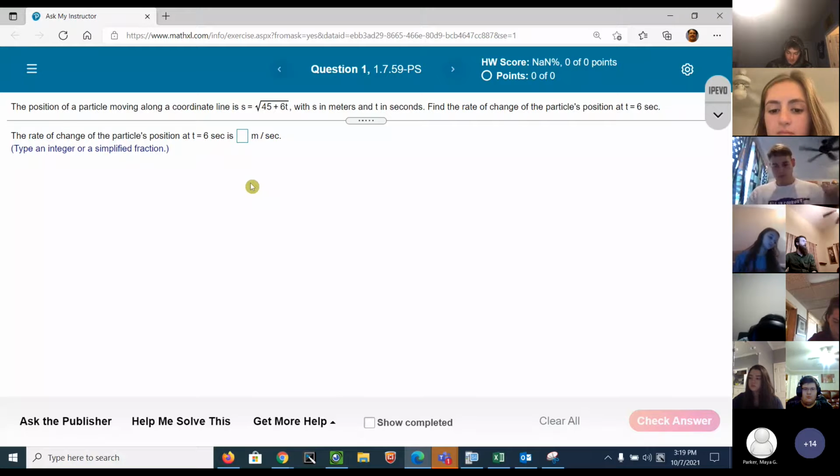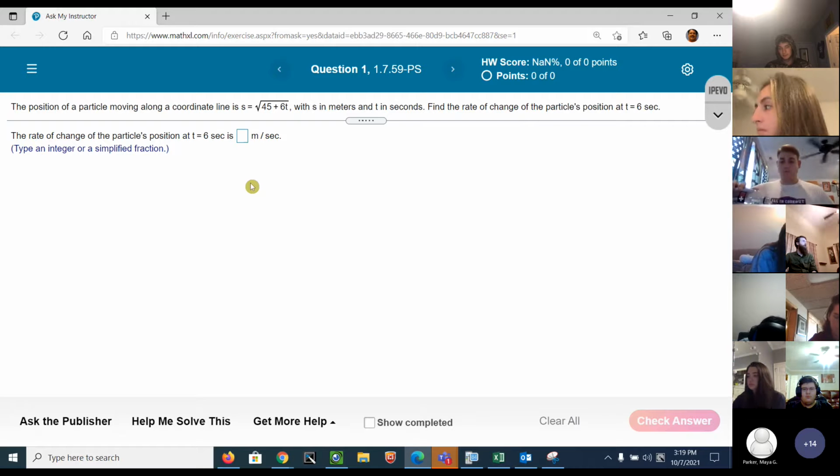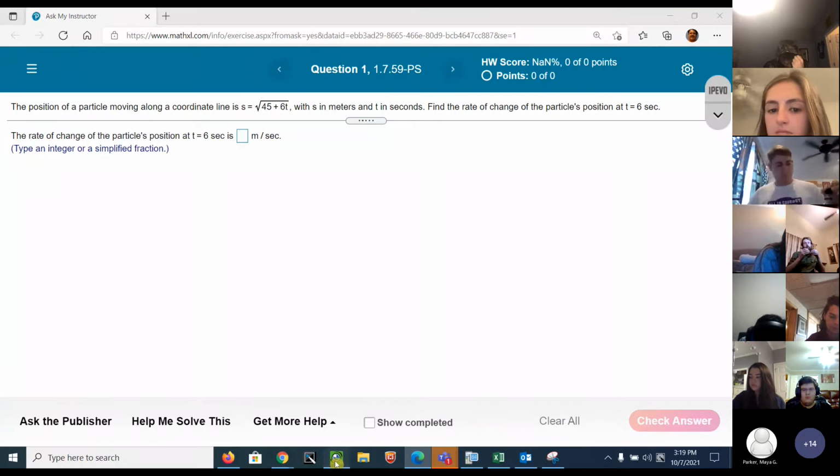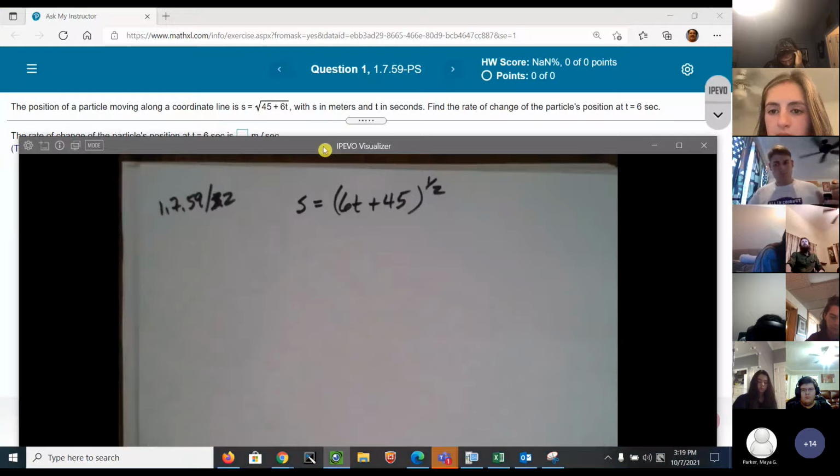Find the slope of the particle's position at t is equal to 6. Find the slope. So that means we've got to find the derivative, and then plug in 6.